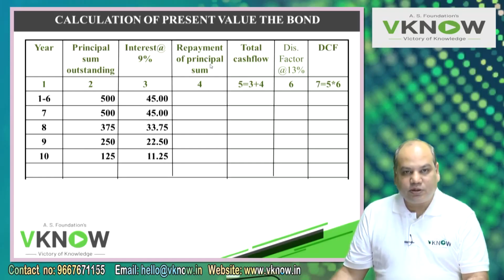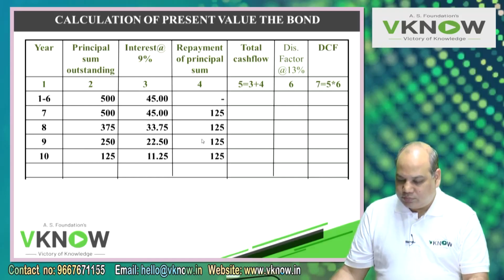Repayment of principal sum: in the first 6 years write 0, in the 7th year write 125, and 8, 9, 10, 125 each. So if you can get these two columns right after reading the problem, then you have solved this problem correctly.